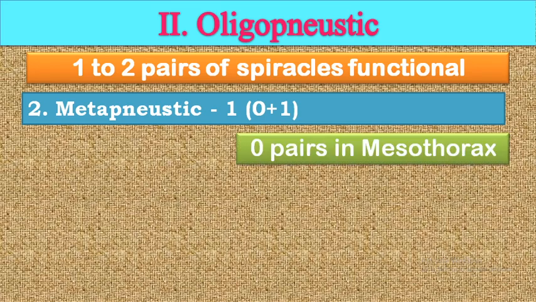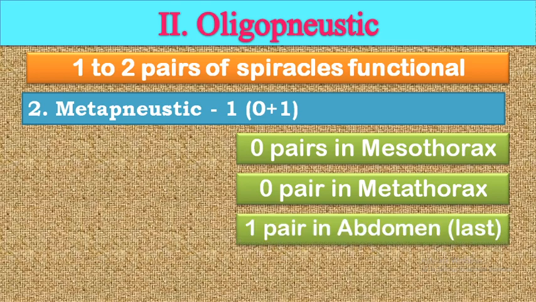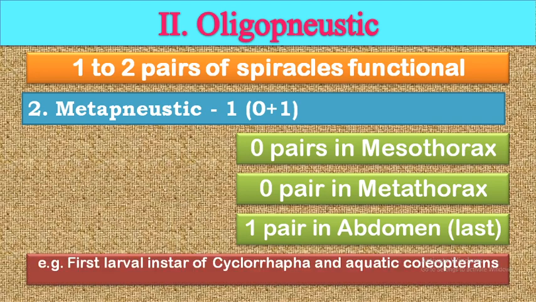Metathoracic is also not functional, and only the last abdominal segment is working. Examples are first instar larvae of Cyclorrhapha and aquatic coleopterans, etc. This is 001, metaneustic.